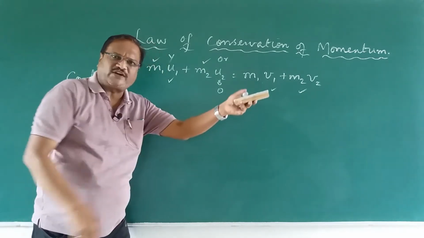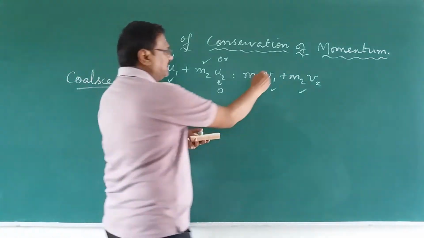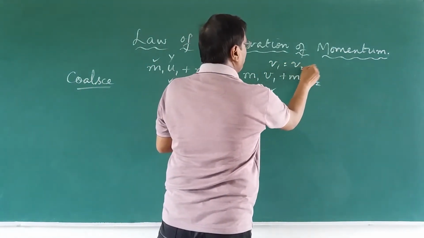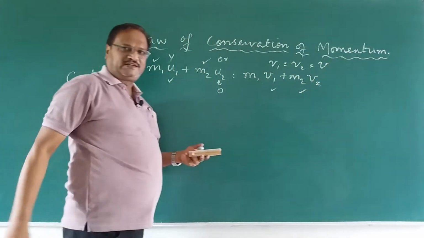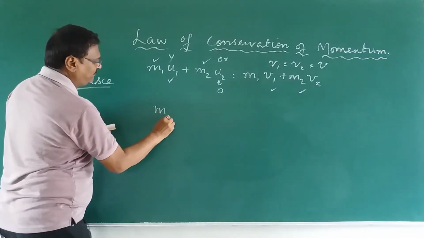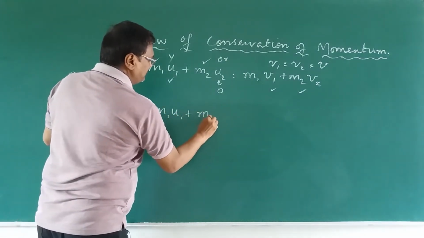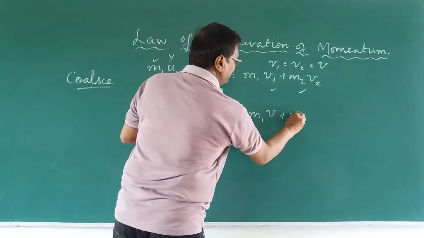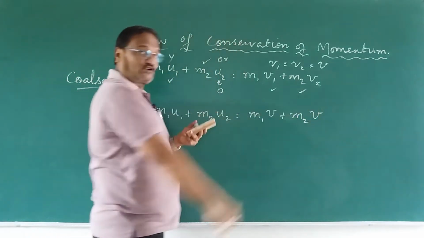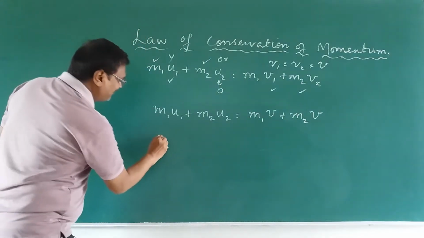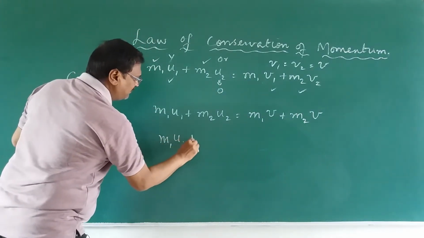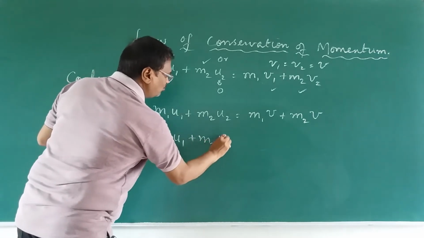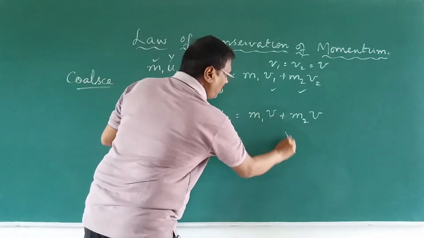That means what will happen to the final velocity? v1 is equal to v2 is equal to some common value v. Then the formula will become m1 u1 plus m2 u2 is equal to m1 v plus m2 v. That means it is a common velocity. Or we can say m1 u1 plus m2 u2 is equal to v times, v being the common factor.